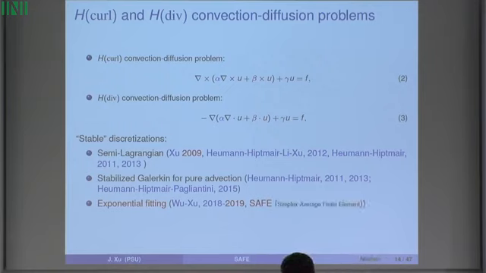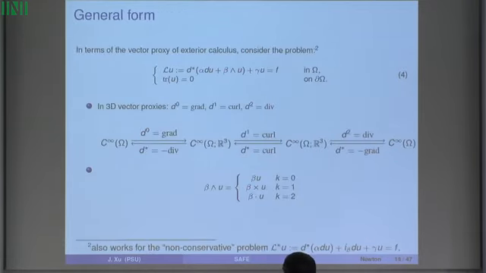I call it simplex average finite element. If you do the 0 form, which is gradient, you average on the edge. If you do the 1 form, the curl, you average on the surface. And for the 2 form, the divergence, you get average on the volumes. You write this convection diffusion equation.